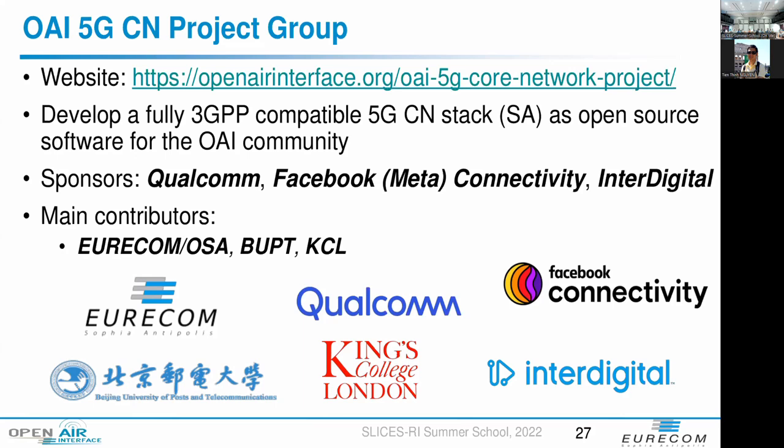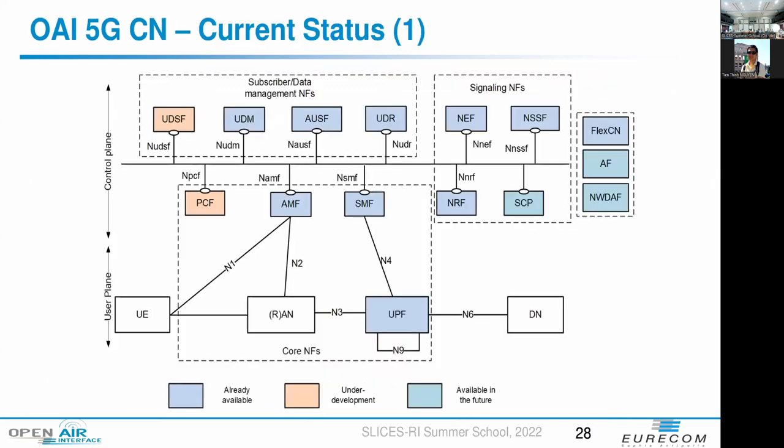For this project, we have some sponsors from Hong Kong, Facebook, connectivity and digital, and until now we have some main contributors from OSA, EURECOM, DC, and Facebook. This figure shows a very high-level view of the current implementation status of our OAI 5G core network.